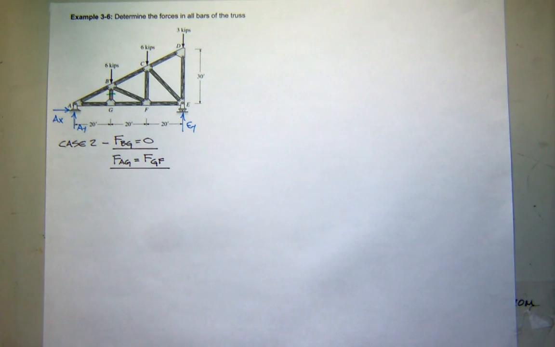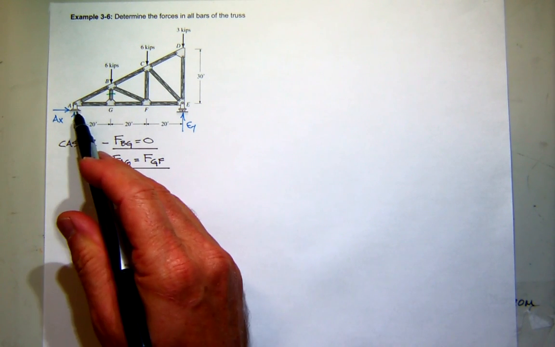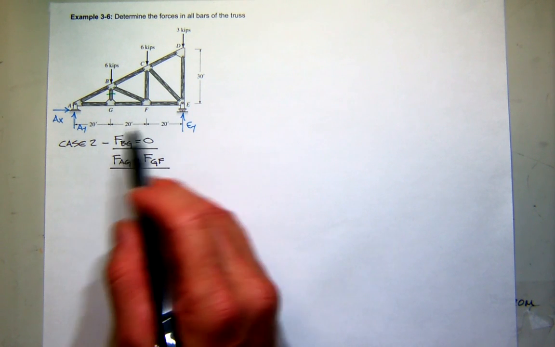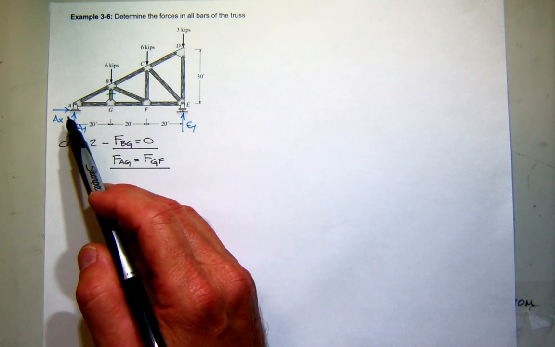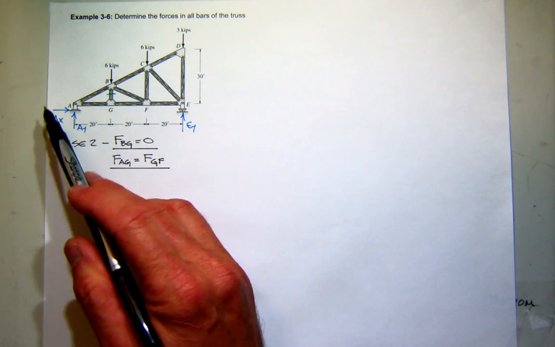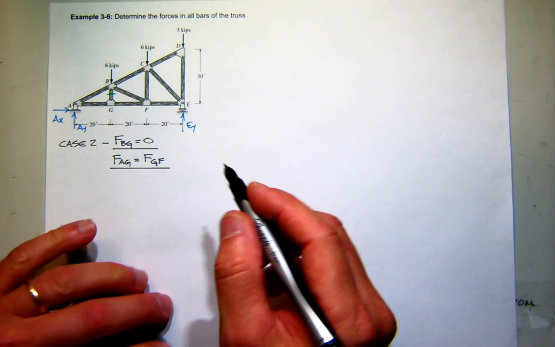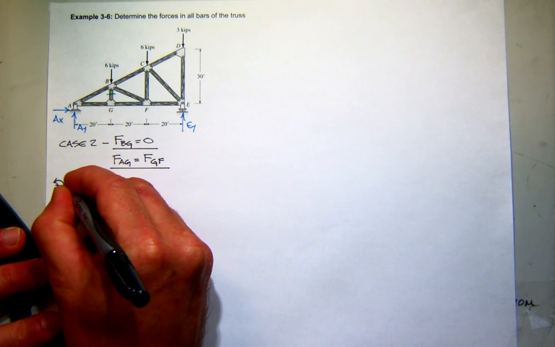And let's find those reactions. So to do that, I'm going to sum moments at A and find EY. And then sum forces in the Y direction to get AY. And then sum forces in the X direction and get AX. And looking ahead, you can see there are no X forces on the structure, so AX probably is going to be 0.